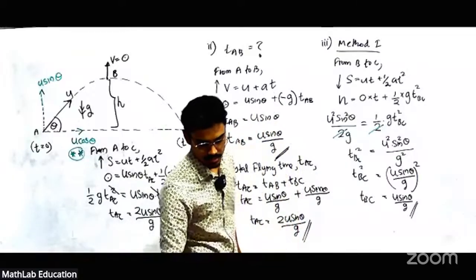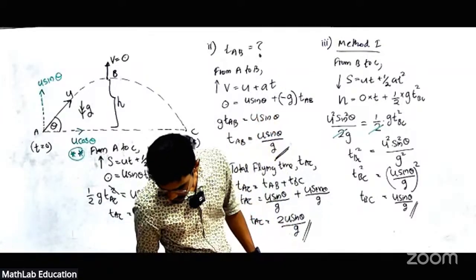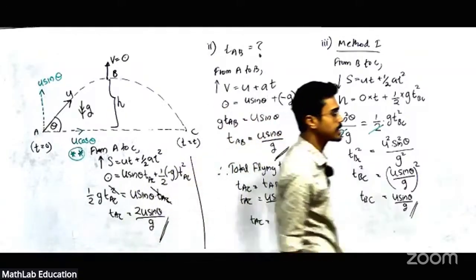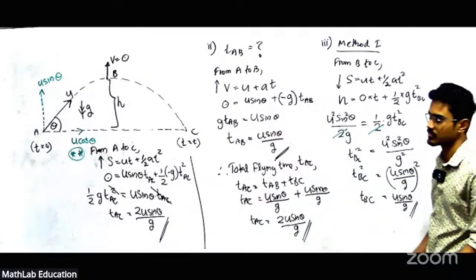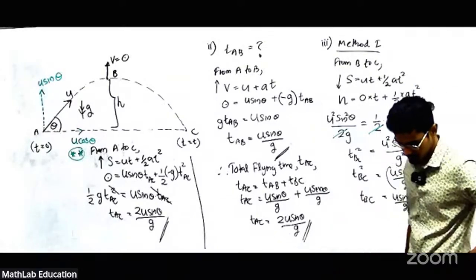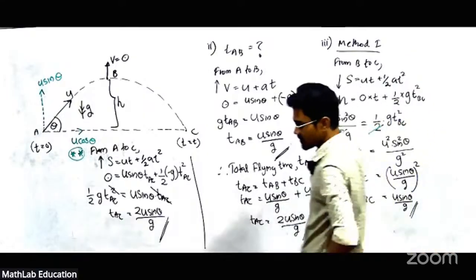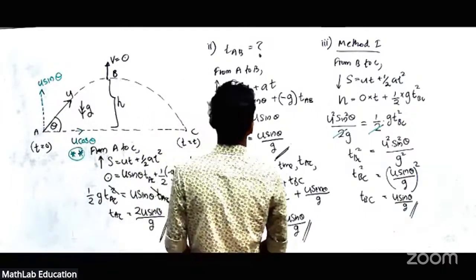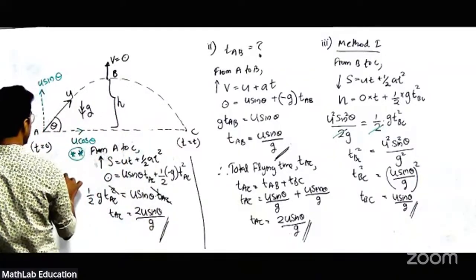That's the easiest method to determine the total flying time of the particle. This is method 2.